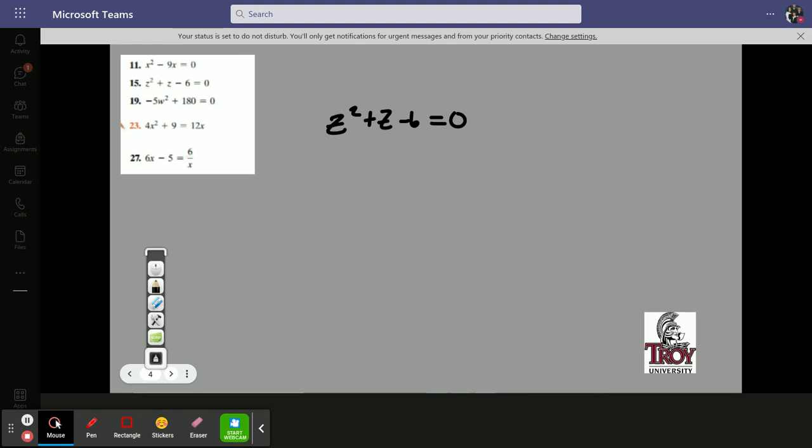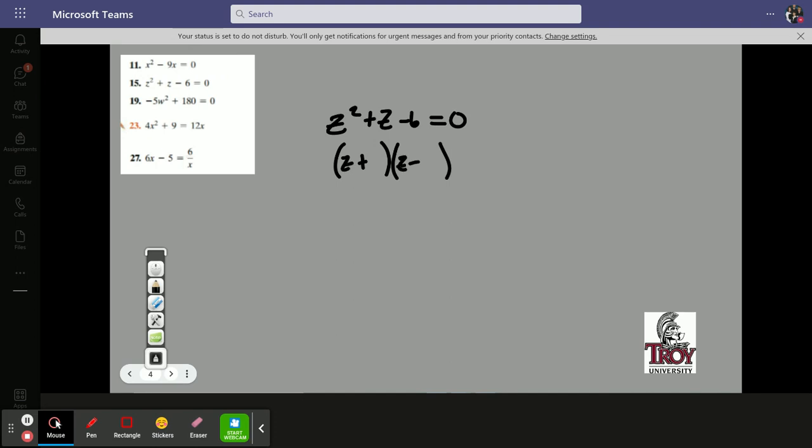My c is negative. Now this time my a is 1, right? So I get to go ahead and just factor. My c is negative, so I know that one of these is going to be positive and one of them is going to be negative. It's a lot shorter to get there when my A is just 1, isn't it? I'm going to put this Z here and this Z here.